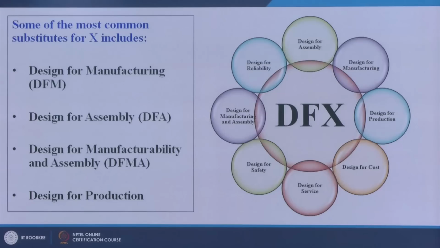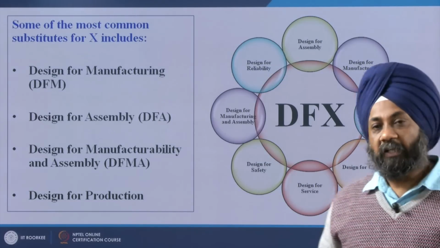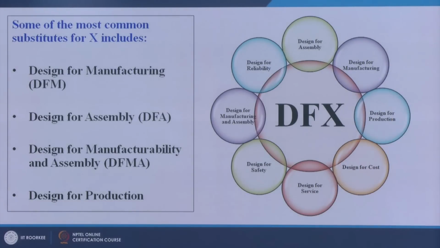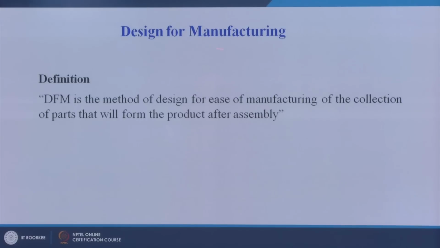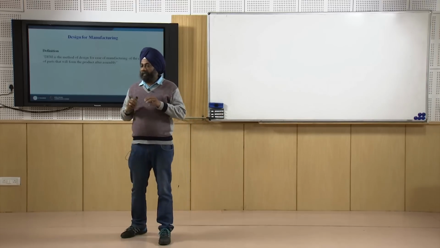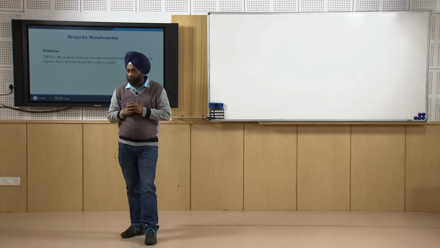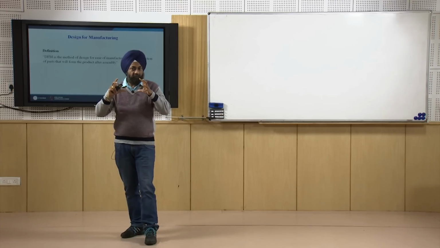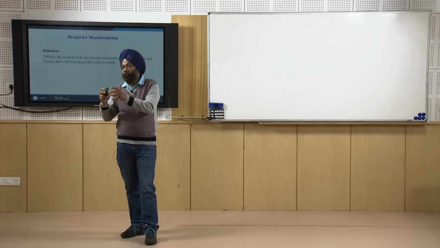Now we will try to understand design for manufacturing and design for assembly in today's discussion with the help of certain examples. Now what is design for manufacturing? It is design for ease of manufacturing. So DFM is a method of design for ease of manufacturing of the collection of parts that will form the product after assembly. So design for manufacturing means that if we have a product that we want to manufacture, the design should be such that it is easy to manufacture.